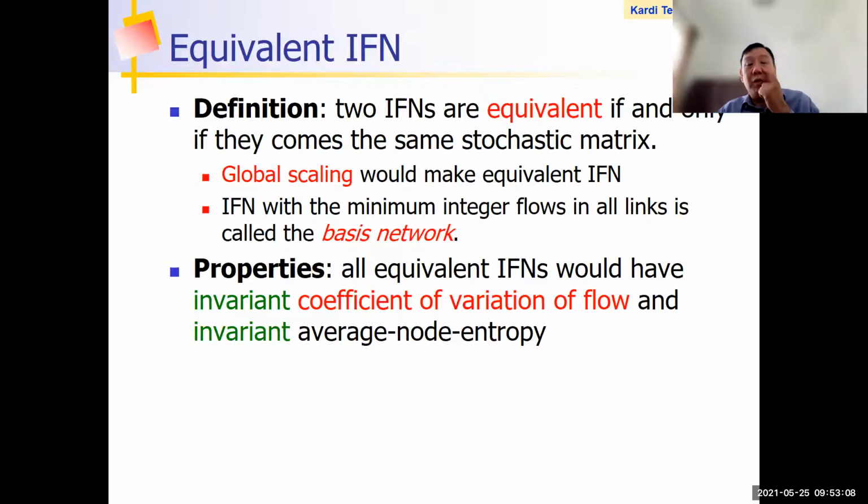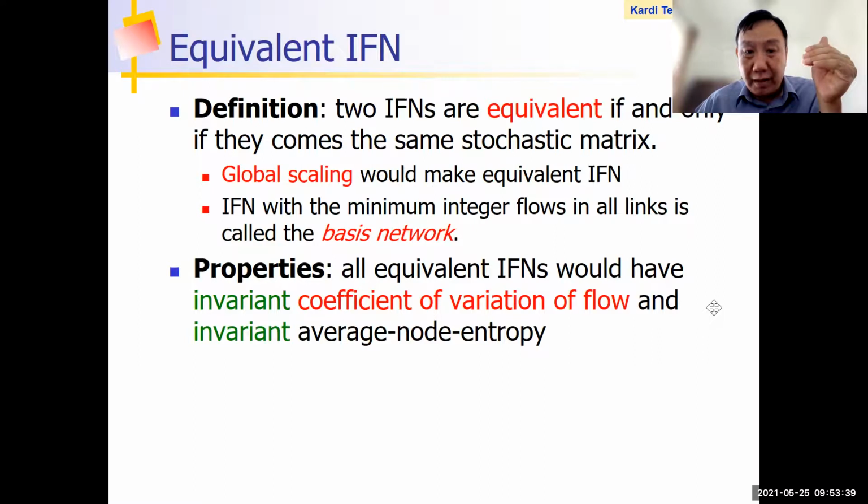First I want to discuss equivalent IFN. This is an important concept: two IFN are called equivalent if and only if they come from the same stochastic matrix. So global scaling will only create an equivalent IFN. An IFN with the minimum integer flow in all links is called a basis network.